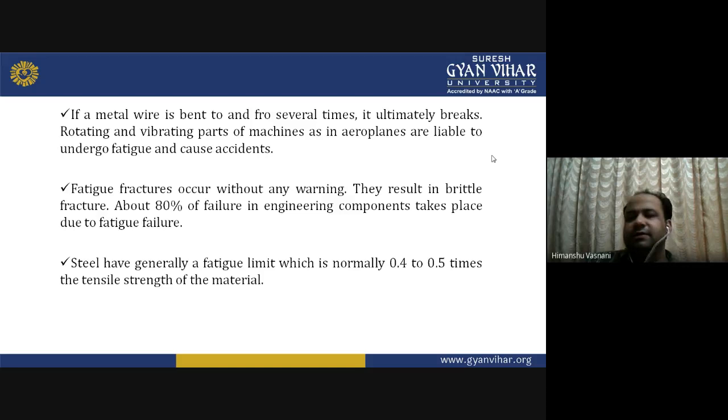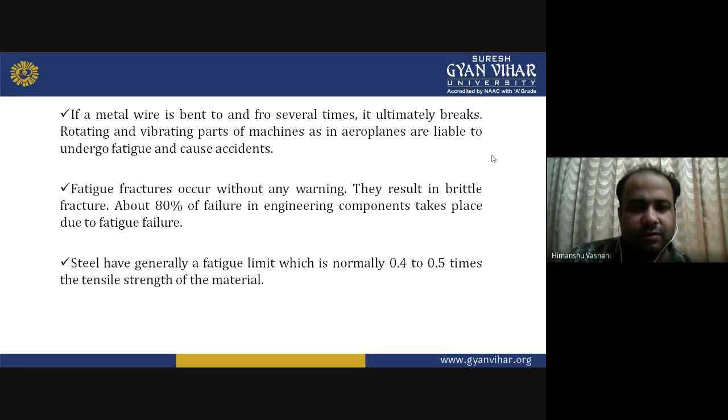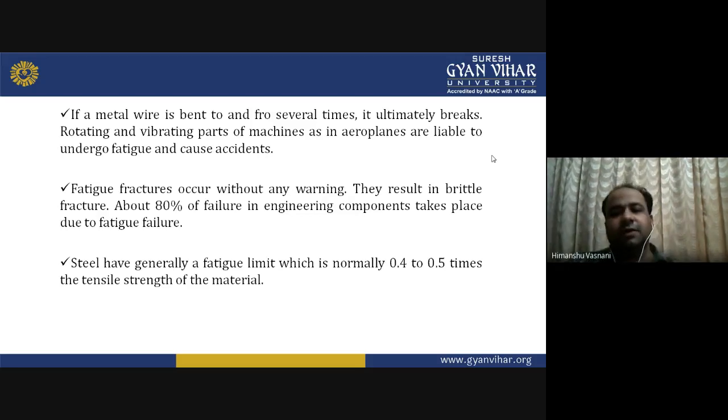Fatigue fractures occur without warning. They result in brittle fracture. About 80% of failures in engineering components take place due to fatigue failure. So this is very important. Fatigue fractures don't give any warning. They result in brittle fracture.